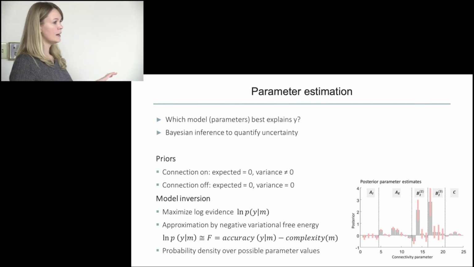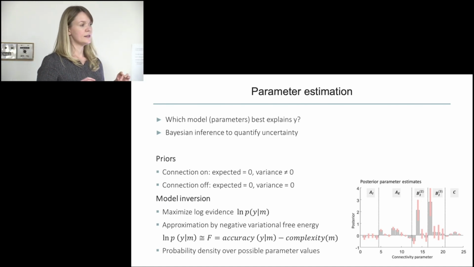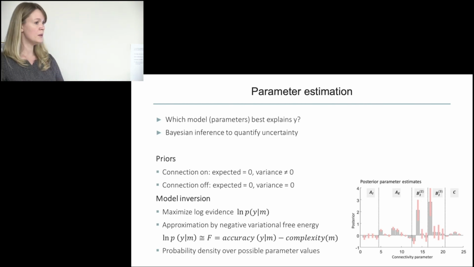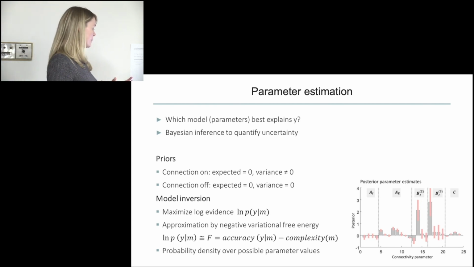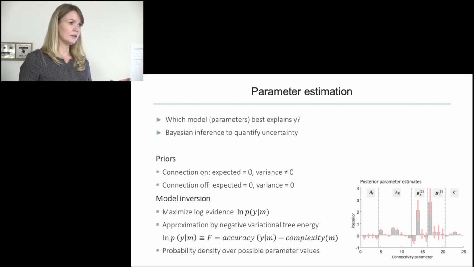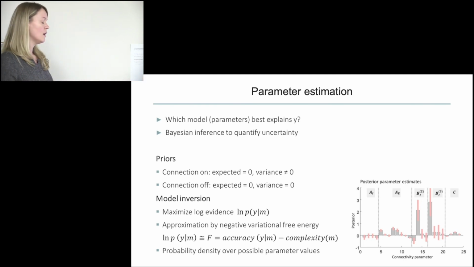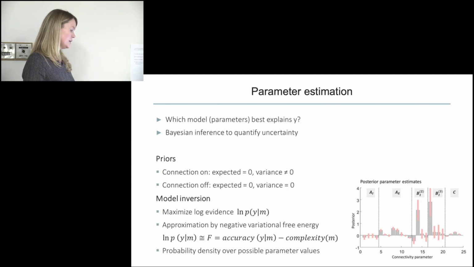That's something really nice about DCM, because as long as the input data that you put in is the same, you can change the neural model as much as you like in terms of the input, the connectivity, the parameters or the connections that you have, and you can compare everything using free energy. So it's really useful, especially if we don't have an educated guess.